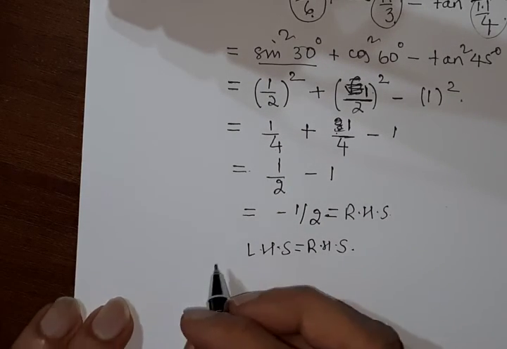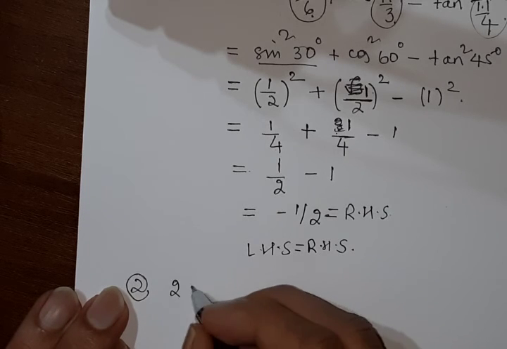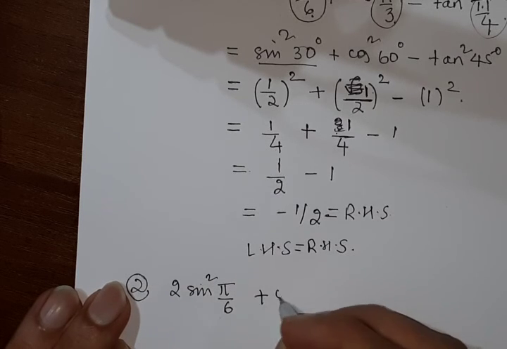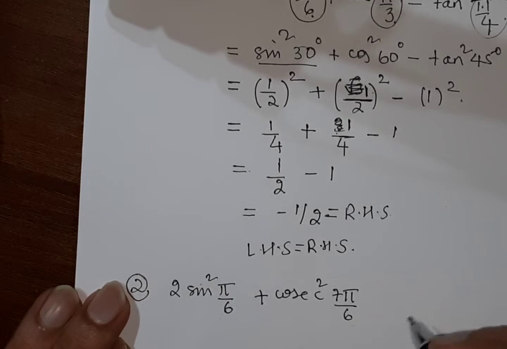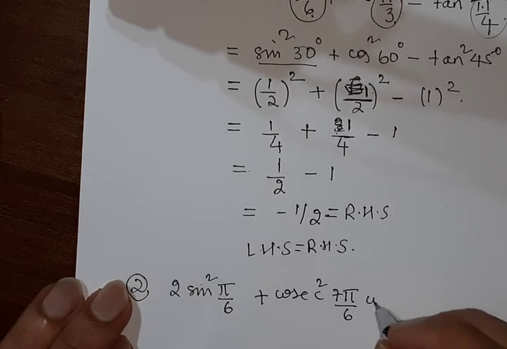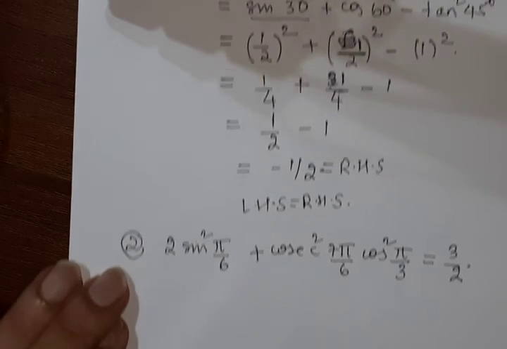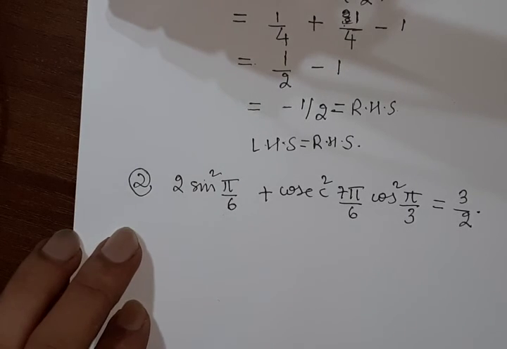Now let us look at the second problem. So you have 2 sin² π/6 plus cosec² 7π/6, multiplied by cos² π/3. We have to prove that this is equal to 3/2.